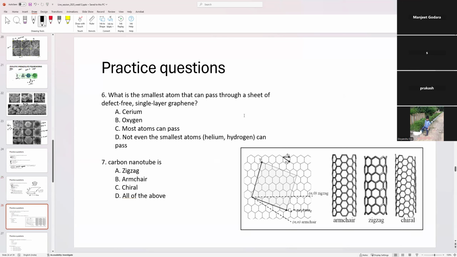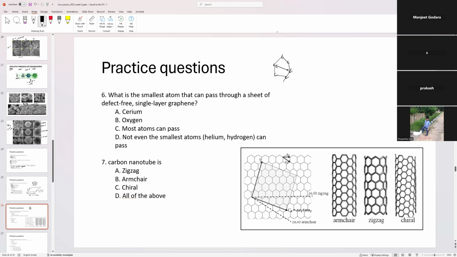What is the smallest atom that can pass through a sheet of defect-free single layer graphene? These are all carbon, right? You can imagine the bond, the space in between is only a few angstroms.